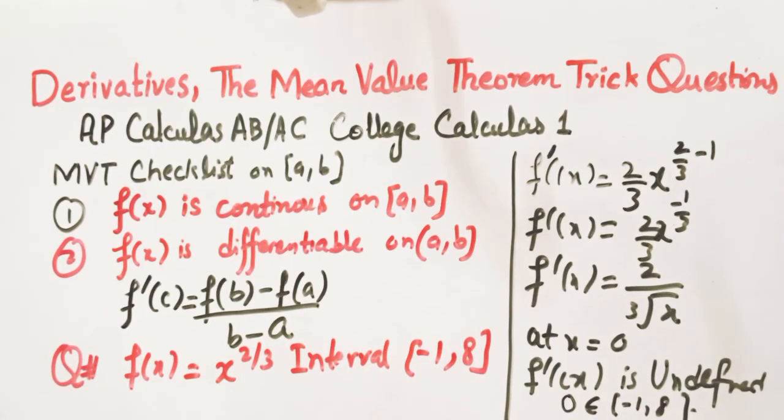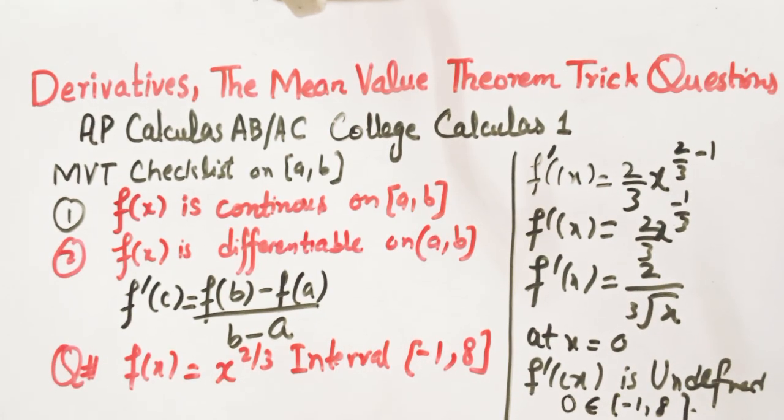This is the exact trap, because the derivative is undefined at x equals 0, and 0 lies directly inside our open interval. The function is not differentiable. So if you had not checked this, you would have spent 5 minutes doing useless algebra, solved for a fake value of c and received a zero on this question.